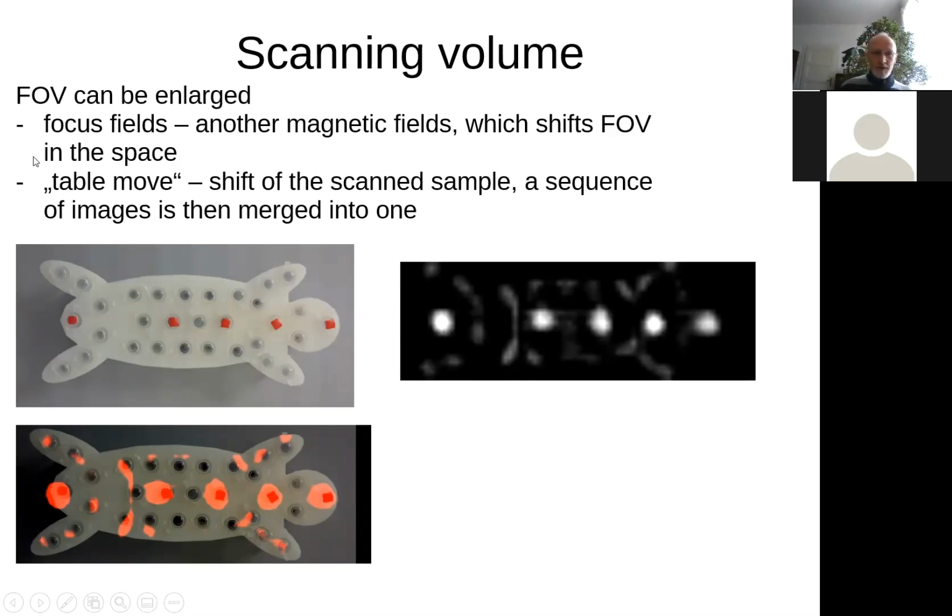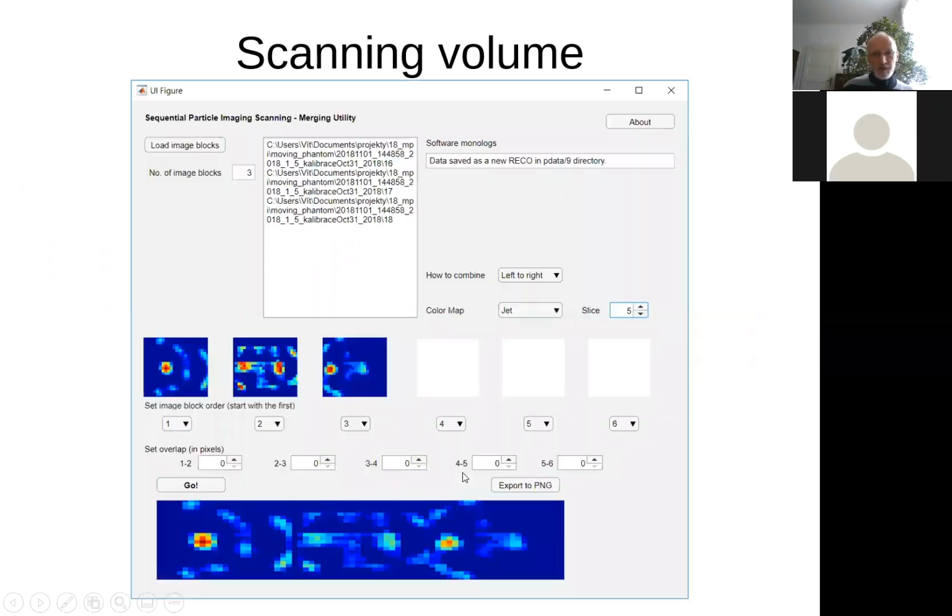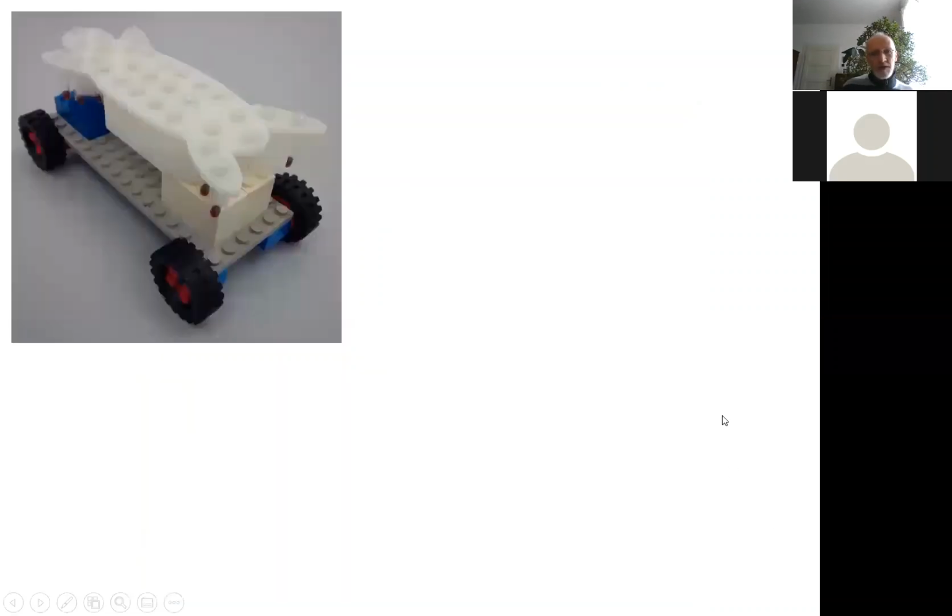Another possibility is so-called table move approach, when we don't shift the field-free point or the magnetic field, but we simply shift the sample in the magnet and measure a sequence of images and match it into one. Here is again an example of the same phantom, 3 images put together using this software.